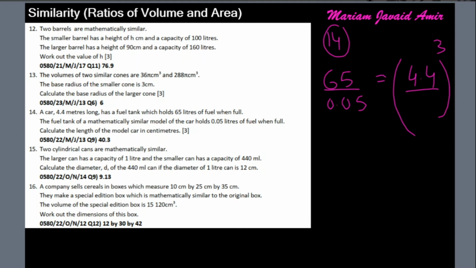Calculate the length of the model car in centimeters. So this is in meters, keep that in mind. Our answer of x will also be in meters, and then we'll multiply it with 100.